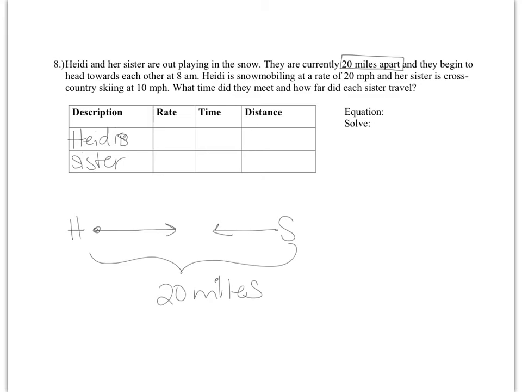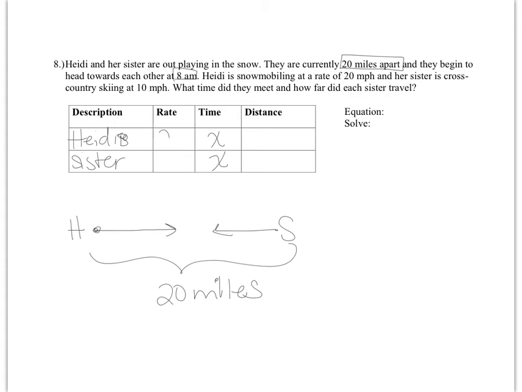They begin towards each other at 8 a.m. They both leave at 8 a.m., but we don't actually know how long they travel. So the time is not 8. The time is both of these are going to be x because they leave at the same time. Heidi is snowmobiling at a rate of 20 miles per hour, and her sister is cross-country skiing at 10 miles per hour.